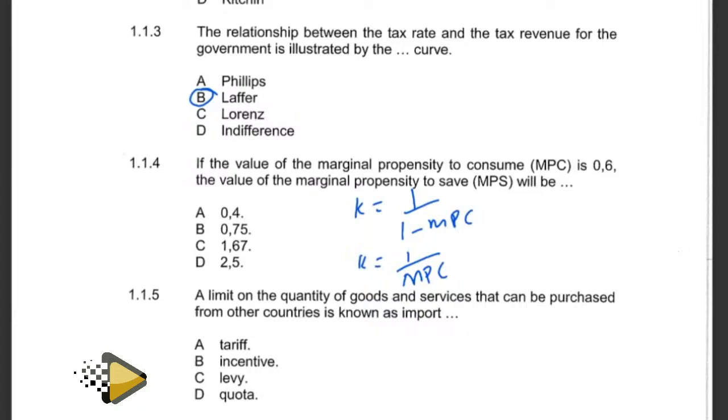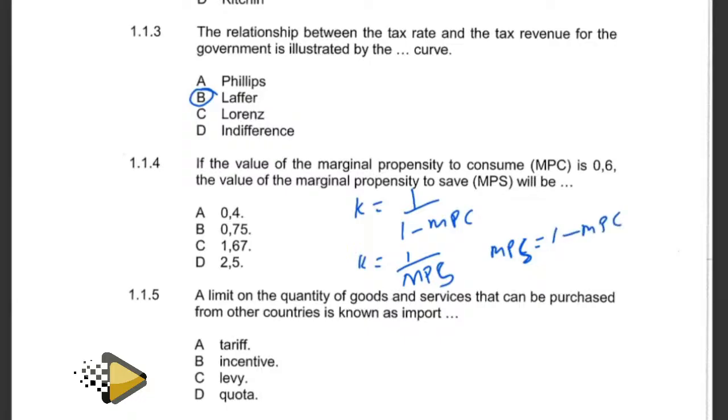If you check these two formulas, grade 12s, you can see that in our denominator we have MPC. We have MPS, which is equivalent to 1 minus MPC.